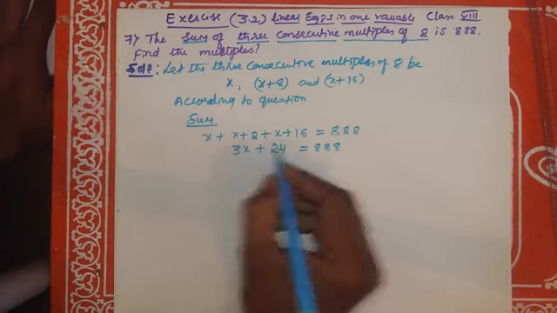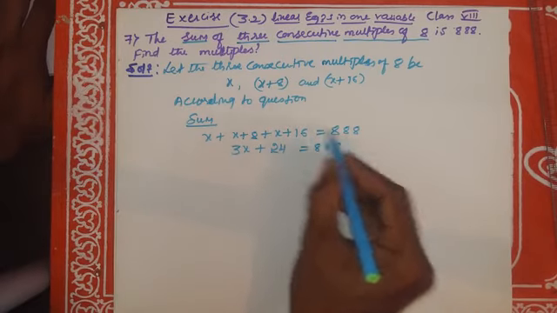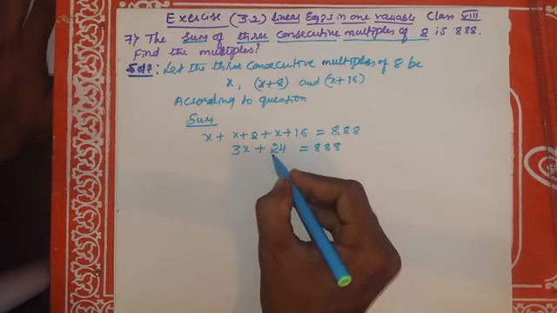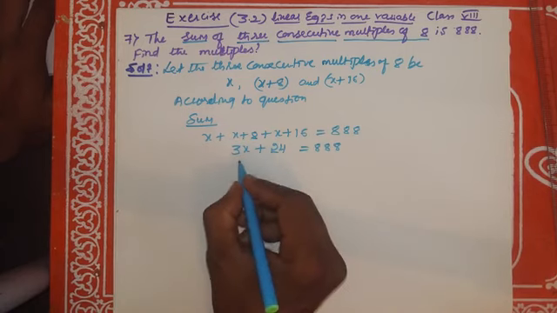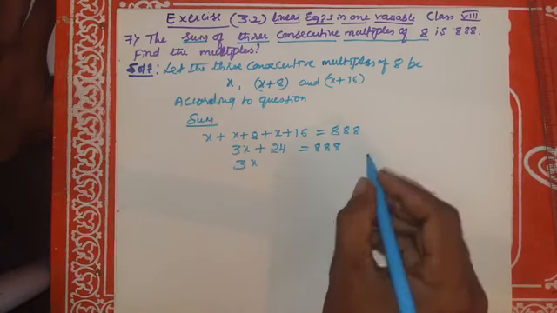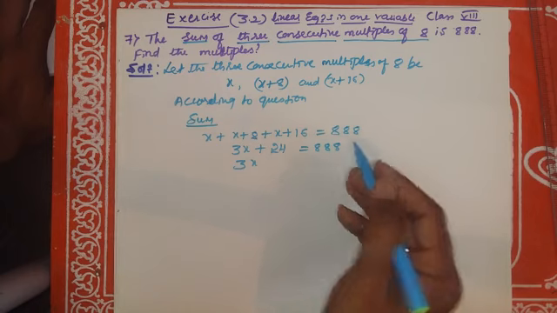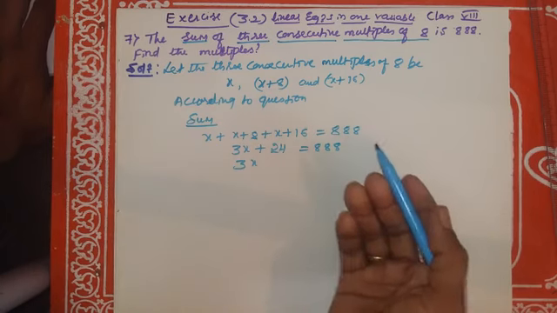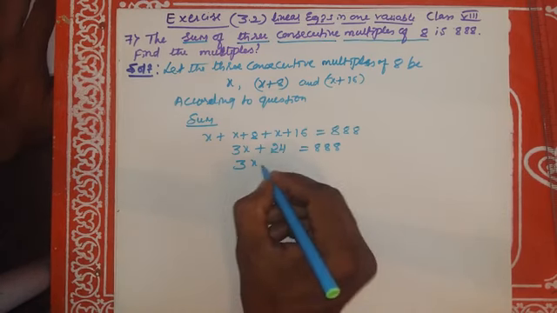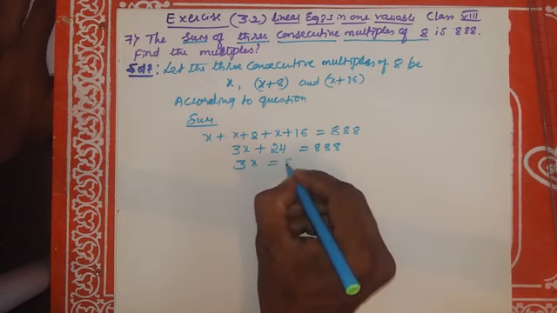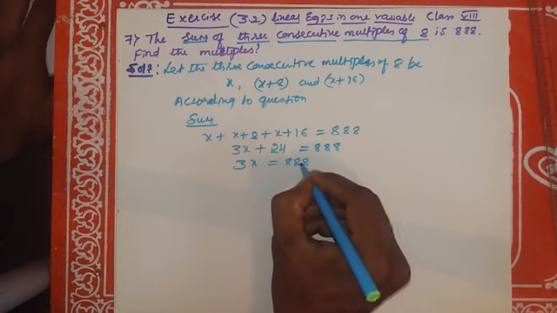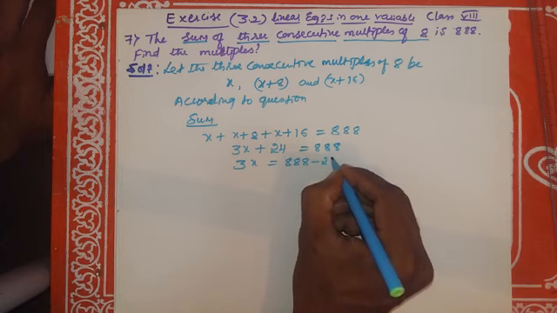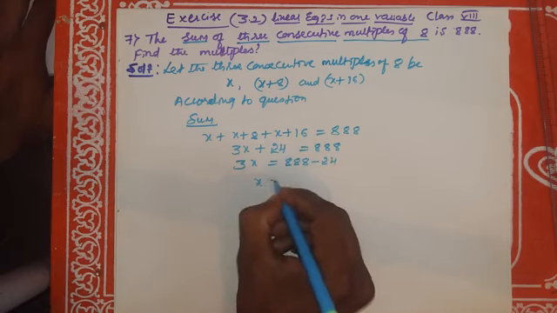Which is equal to 888. Okay, this 24 transport to RHS, it will become minus 24. Or you can subtract 24 on both sides. 3x is equal to 888 minus 24.